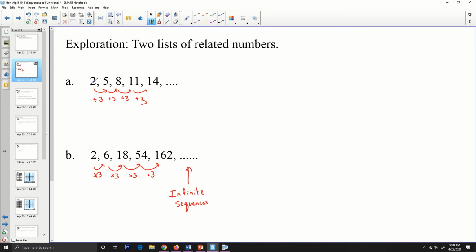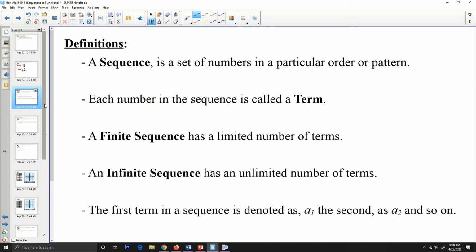In this particular sequence, a sub 1 is equal to 2, a sub 2 is equal to 5, a sub 3 is equal to 8, and so on. So the term numbers are those values. In this particular sequence, a sub 1 is equal to 2, a sub 2 is equal to 6, and a sub 3 is equal to 18. So we have some reference of all of those things.